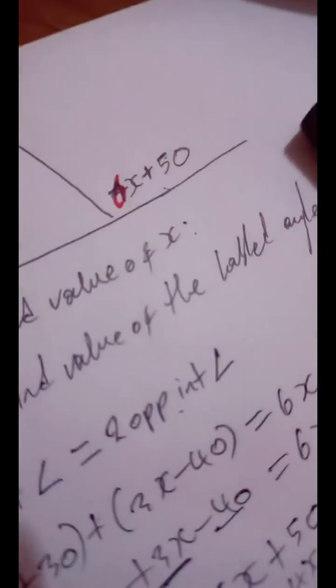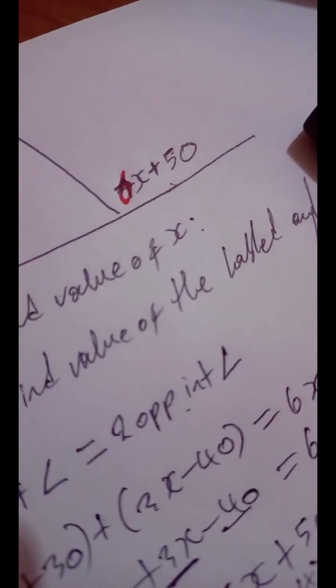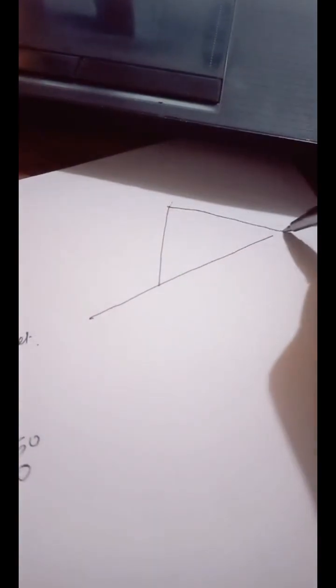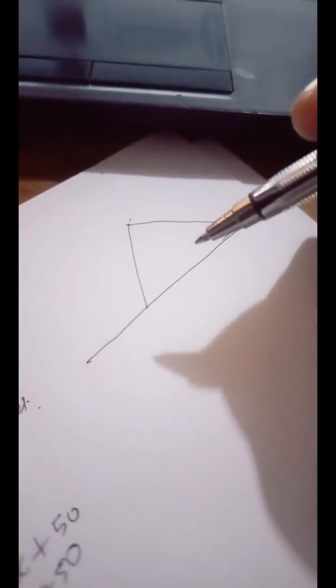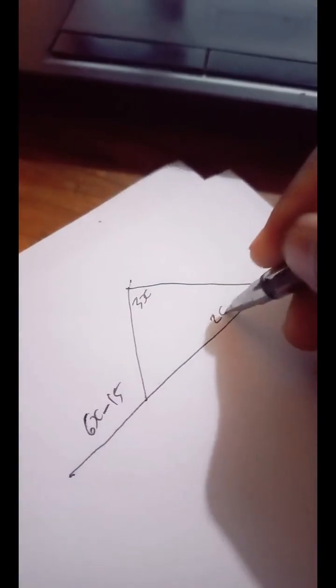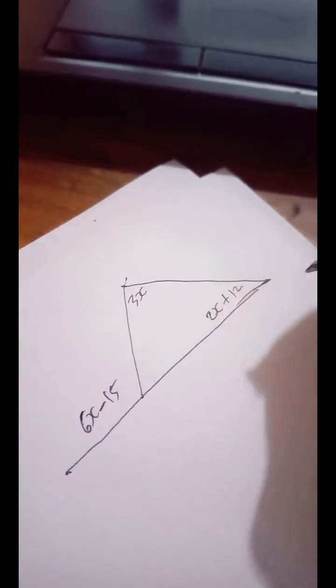Let me give you a proper exam question. I'm copying from there, so be ready. Right, we have this one. The issue is the concept. The better you have the concept, the better. Now we have 6x coming back. 6x minus 15, and then 3x, and then 2x plus 12.